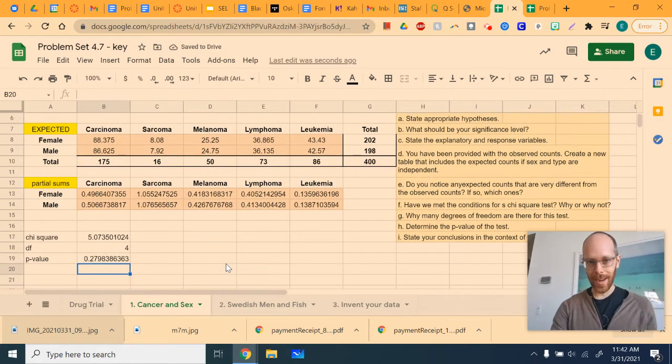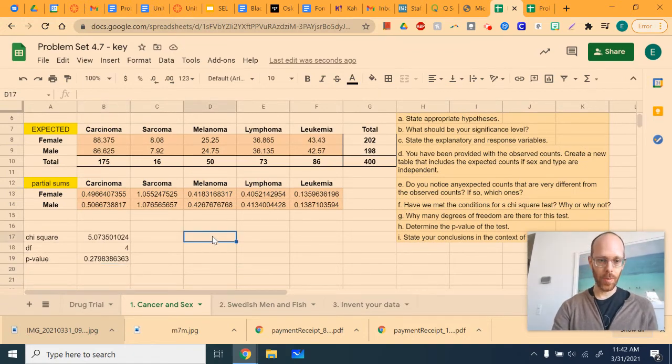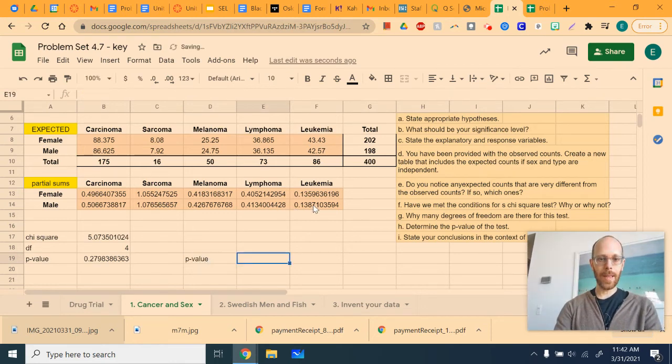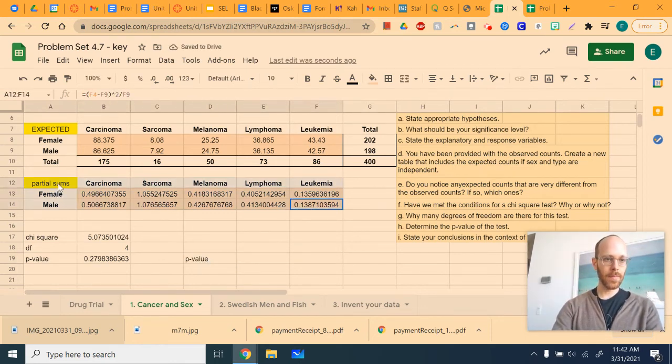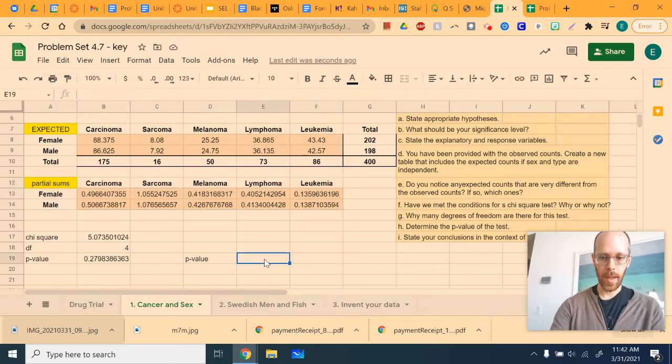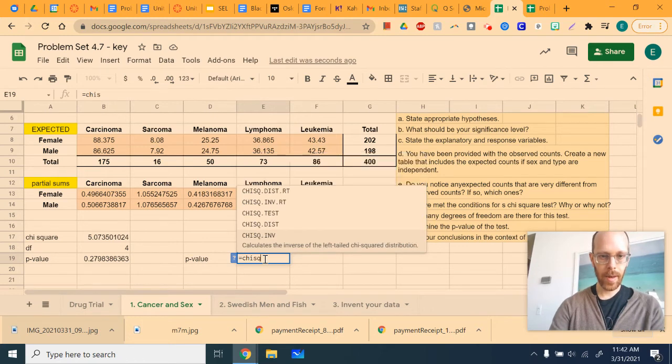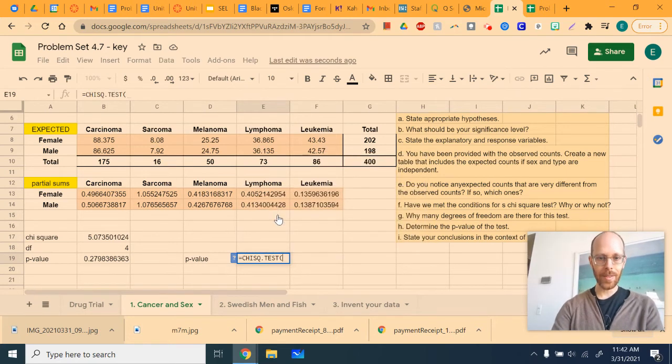Now, my guess is you're not going to do it that way because there's a much easier way that will immediately give you the p-value. Okay? And you don't have to calculate any of this at all. All you have to do is say chi-square test.